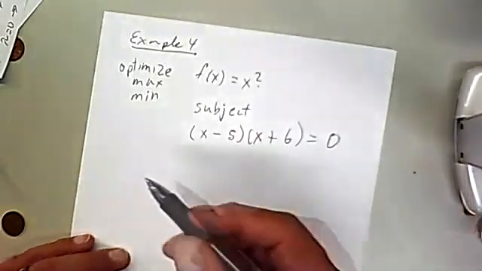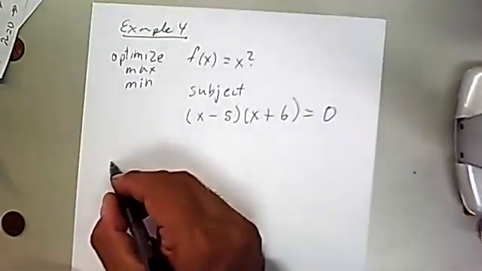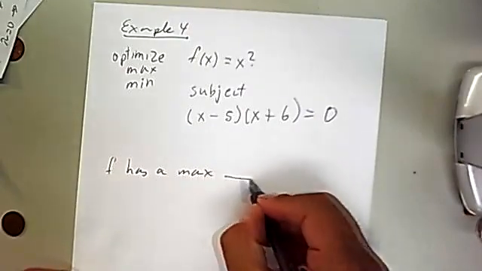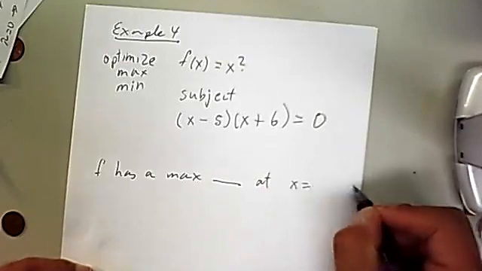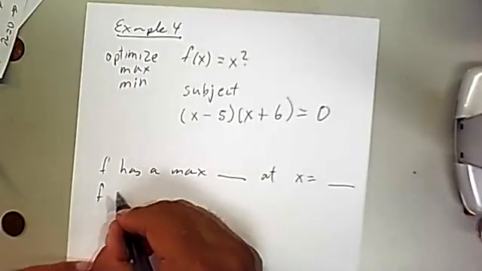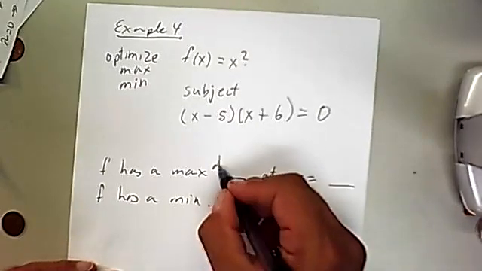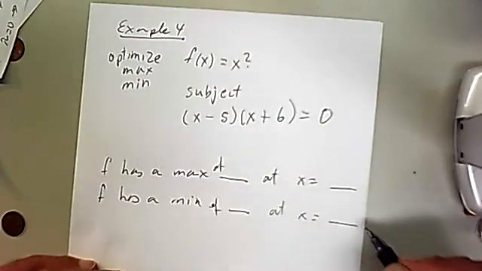So as in the previous conclusions, after you do all your thinking, the conclusion should be: f has a maximum of blank at x equals blank. f has a minimum of blank at x equals blank.